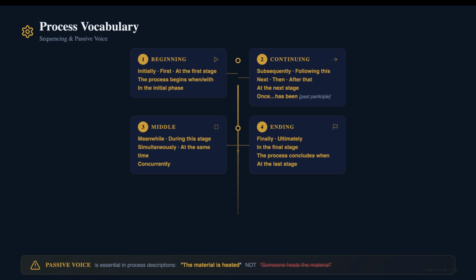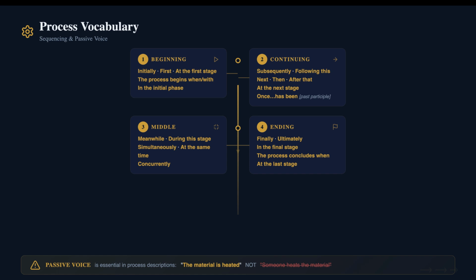Okay, so here is the process lexical resources or vocabulary, describing sequencing and the use of passive voice. I group the vocabulary to describe process into four groups. Group 1 is beginning, group 2 is continuing, group 3 is middle, and group 4 is ending.